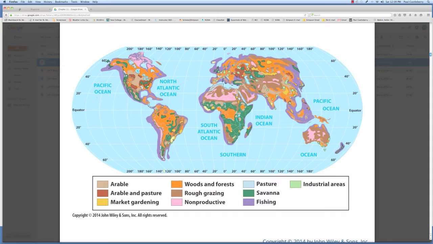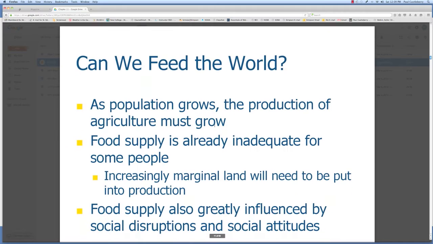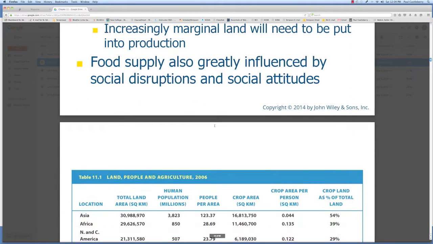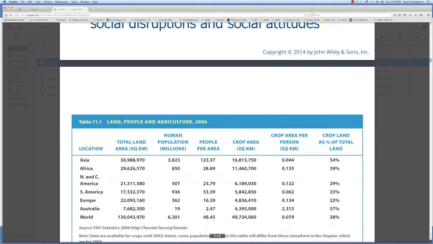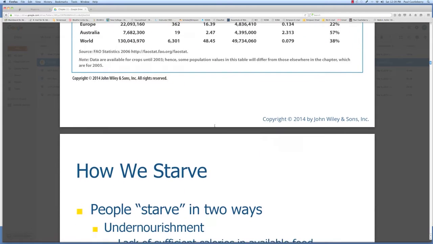Now, they do have the aquaculture, the fishing industry, along the coast, but again, there's just not a lot of availability for Africa to feed itself. That's why it's highly dependent upon different parts of the world, especially the U.S.